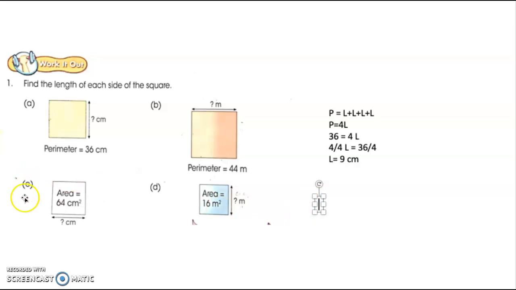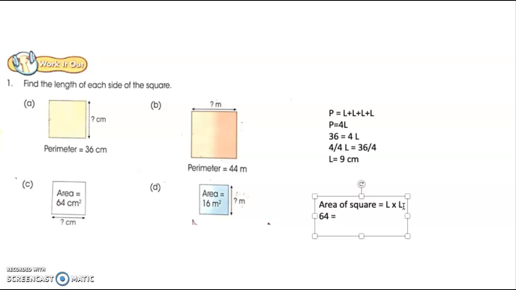Now let me do part C. You can do part B. I hope it will be easier. Now just follow these steps. Area of a square equals length times length, okay? Now they have given the area as 64.